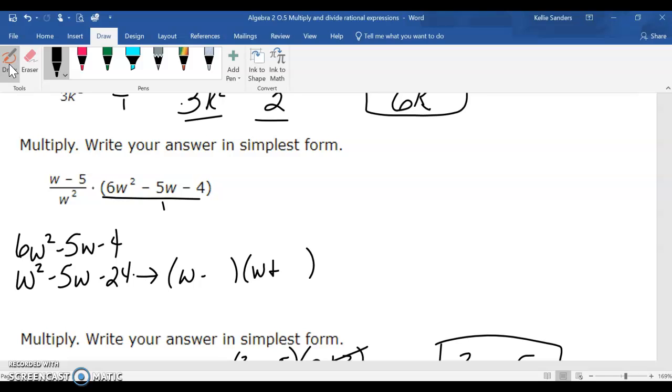Multiply to get a negative 24, subtract to get a negative 5, 8 and 3. And then we would put the 6 back in. Reduce.